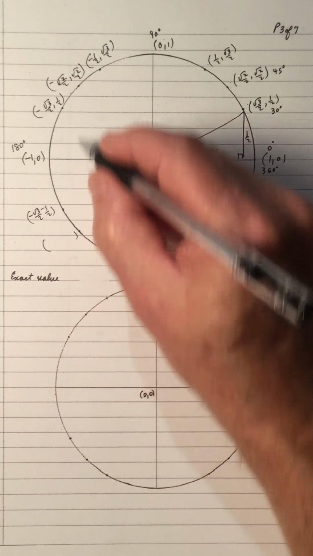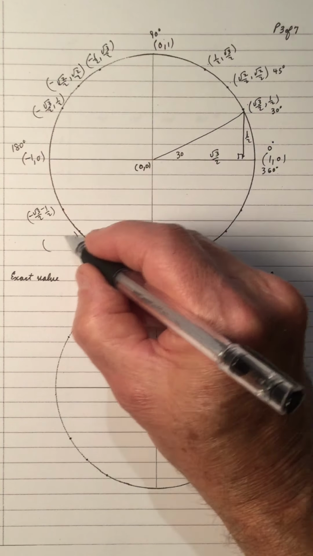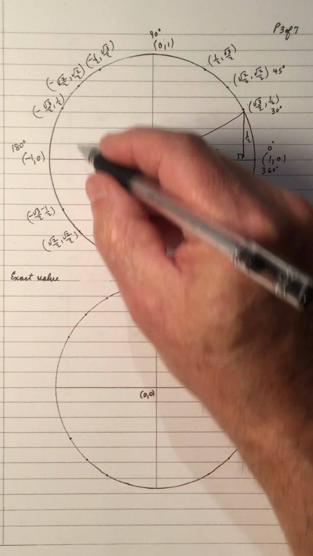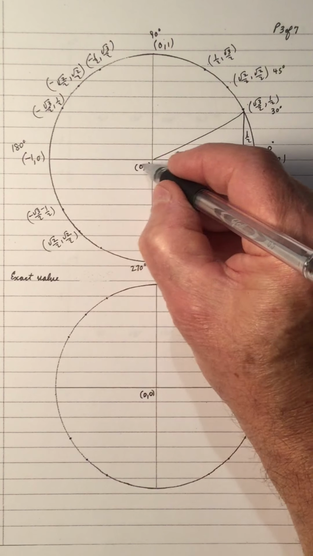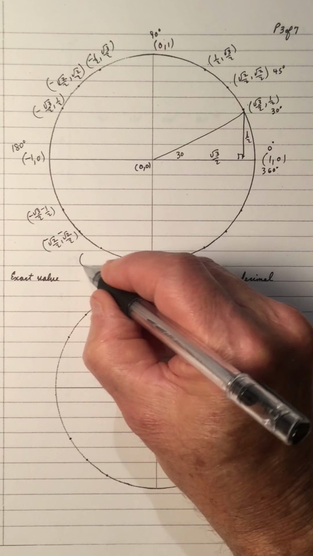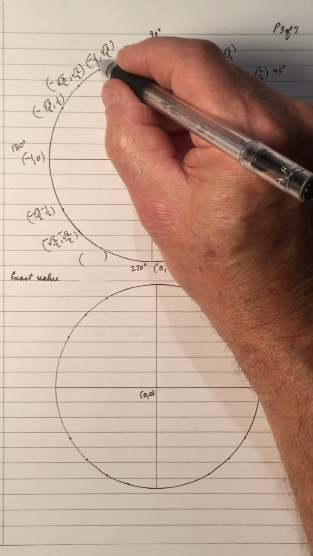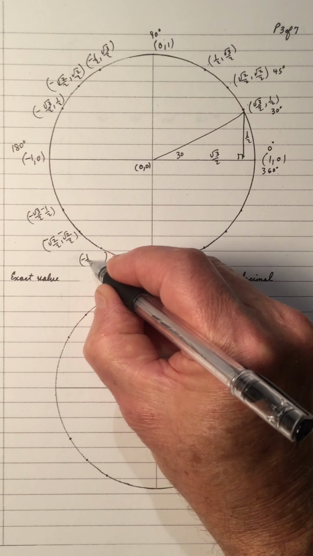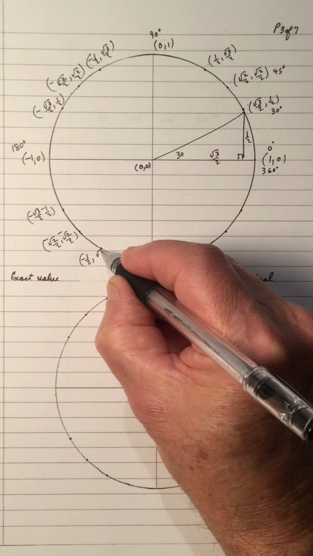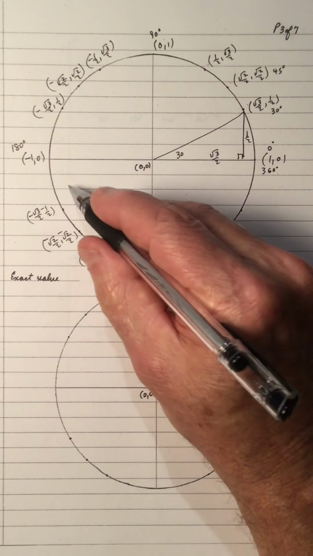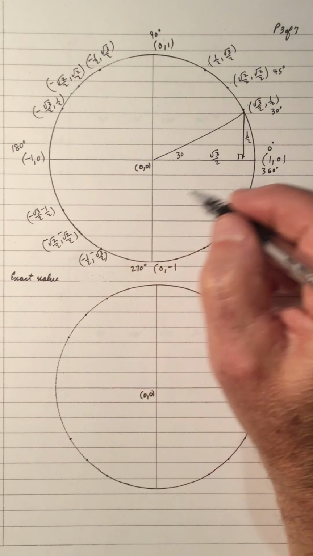And this one is right here, same values, root 2 over 2, root 2 over 2, but the x is negative and the y is negative. And this one, the x is the same as here, so we have a negative 1/2, and the y is root 3 over 2, like this one, but is negative. So in this quadrant, both x's and y's are negative.